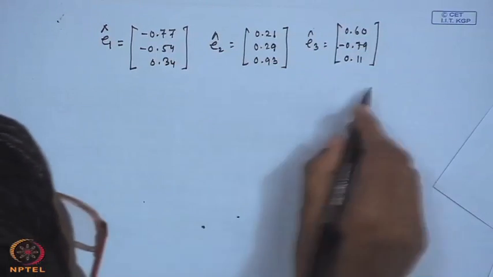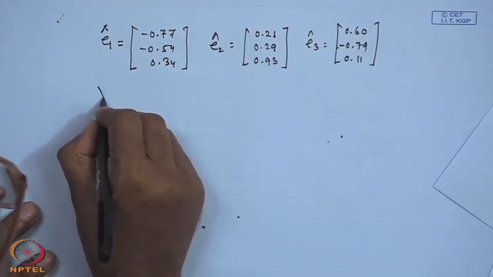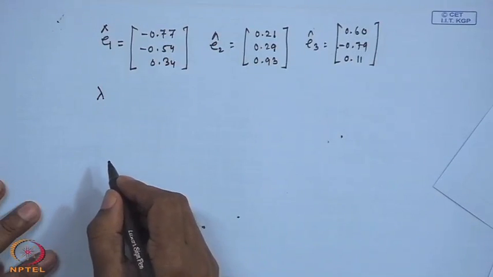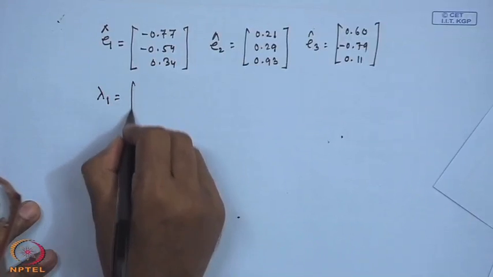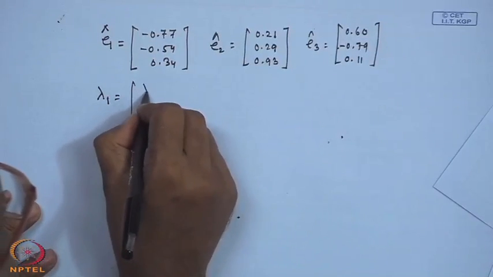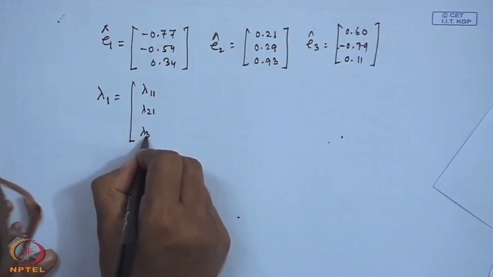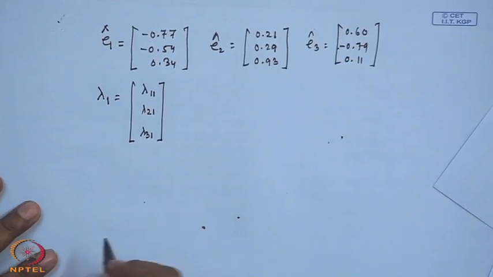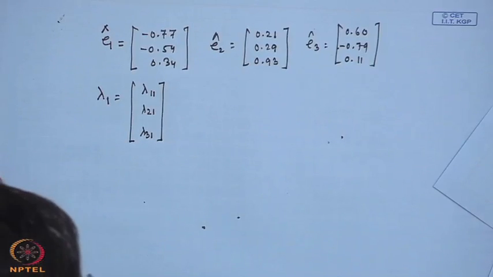Okay. So what I want is lambda 1, which will basically be a vector lambda 11, lambda 21, lambda 31. And you have seen this earlier also.